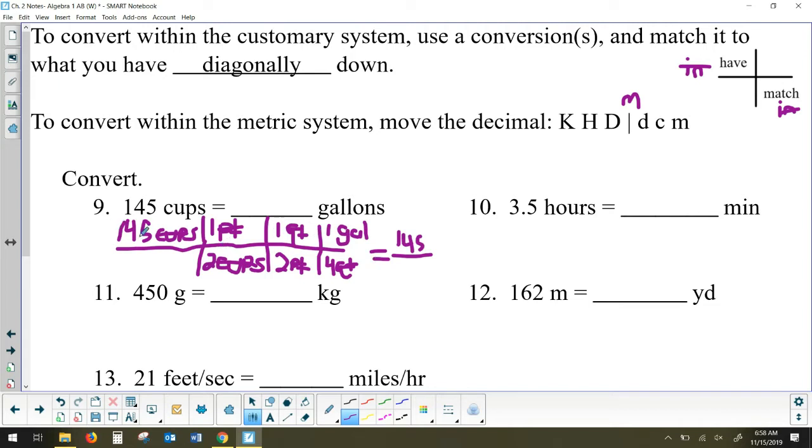So we multiply across. 145 times 1 times 1 times 1 is 145 divided by 2 times 2 times 4. 145 divided by 16 gallons. We end up with 9.0625 gallons. So 145 cups is equal to 9.0625 gallons.